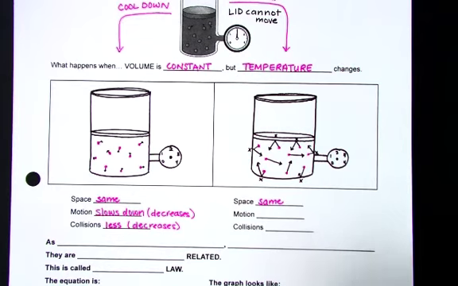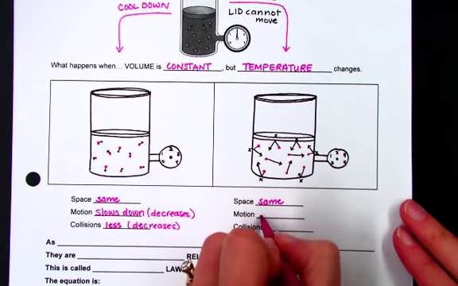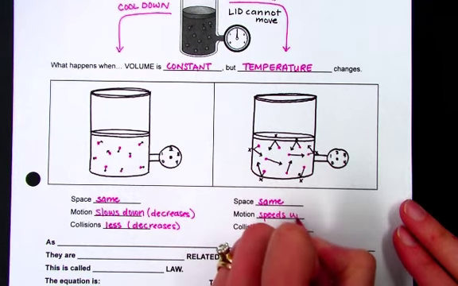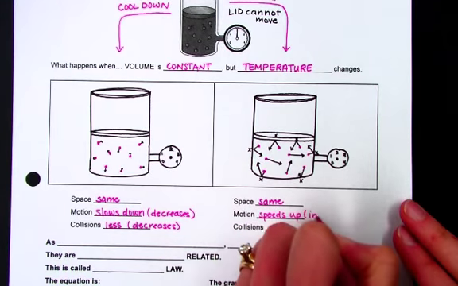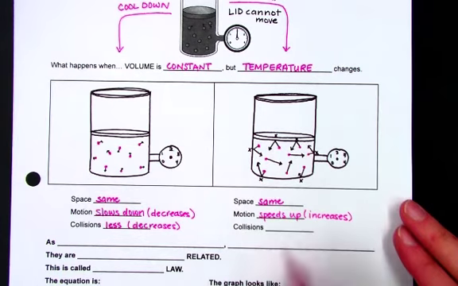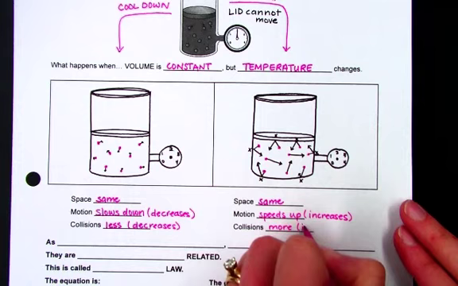More collisions. More collisions means what? More pressure, absolutely. So the motion speeds up. We'll call that increases, our scientific vocabulary. And so our collisions are more, or they also increase.